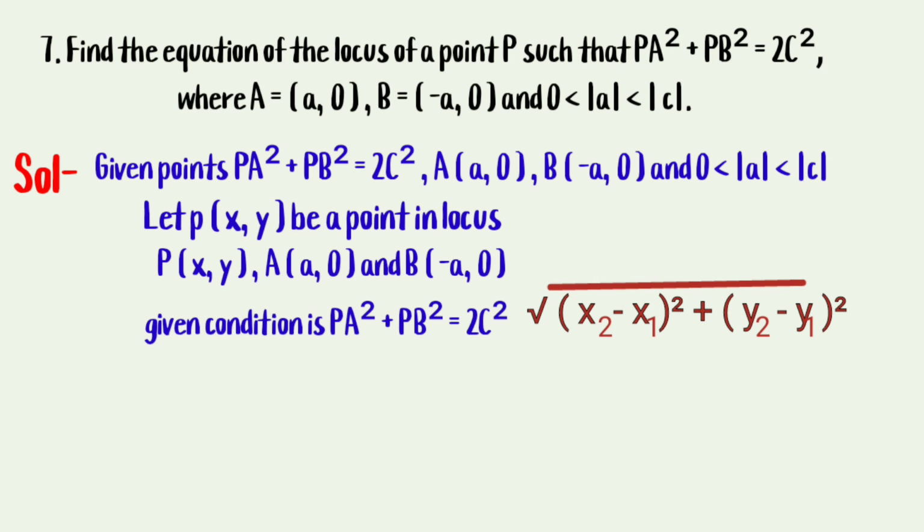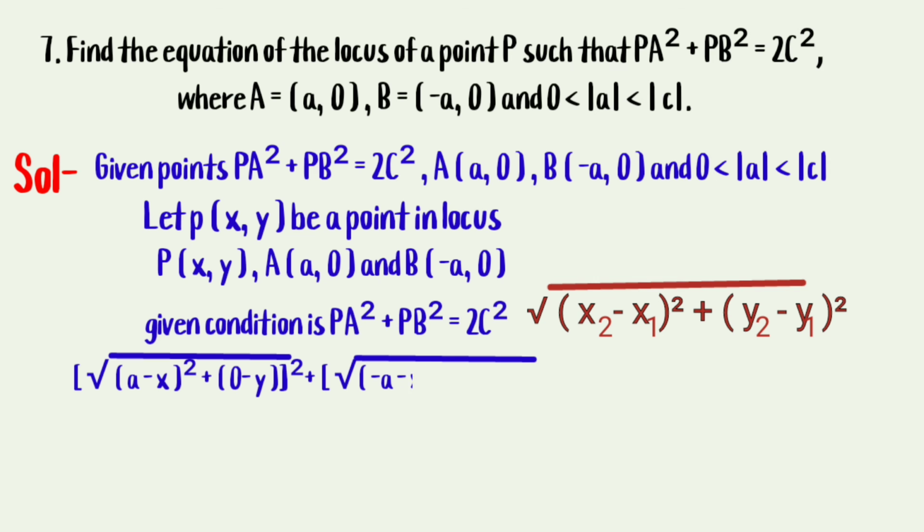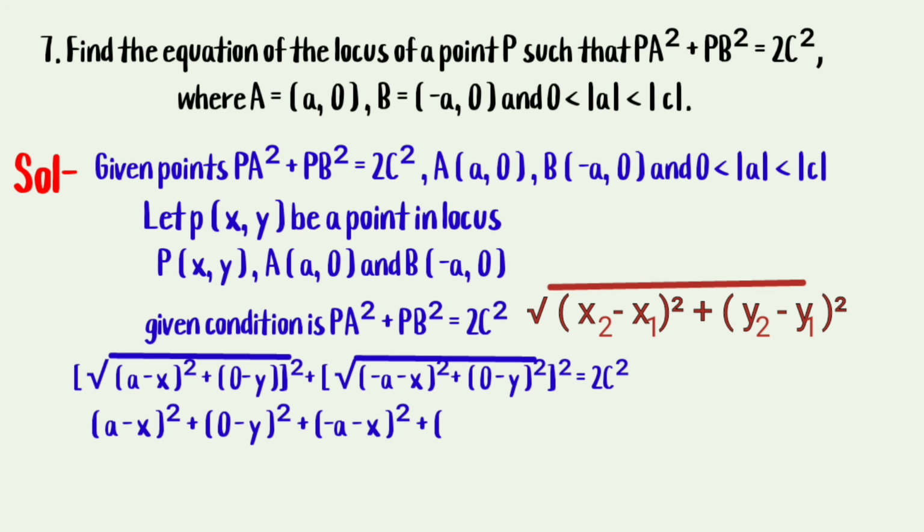We get the square root of (a minus x) whole square plus (0 minus y) whole square, plus the square root of (minus a minus x) whole square plus (0 minus y) whole square, whole squared, is equal to 2c square. The root and square get cancelled, so we get (a minus x) whole square plus (0 minus y) whole square plus (minus a minus x) whole square plus (0 minus y) whole square is equal to 2c square.